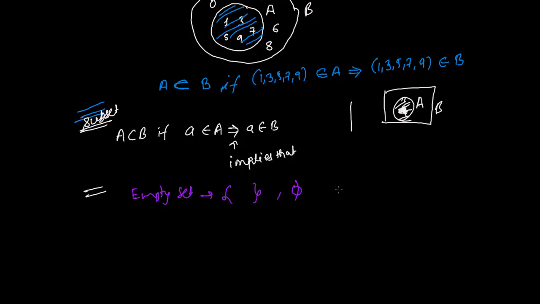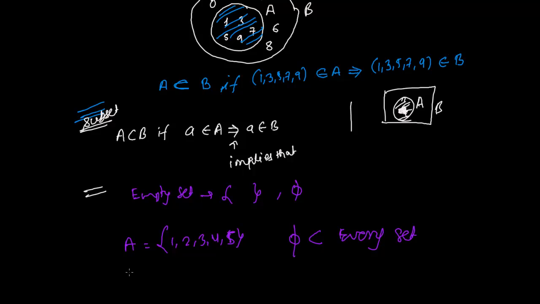So any set you take, suppose A is the set containing 1, 2, 3, 4 and 5, the first 5 numbers, suppose I'm not including 0 here, then it has a subset phi, because phi is nothing, so phi is a subset of everything. So phi is a subset of every set. Nothing means nothing at all, right? Nothing can be the subset of everything.